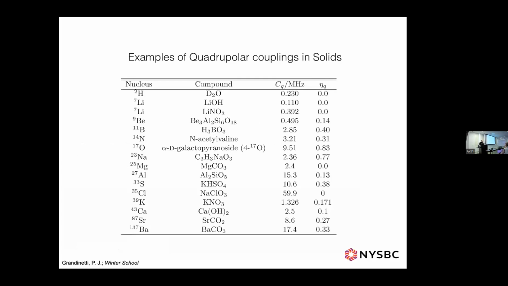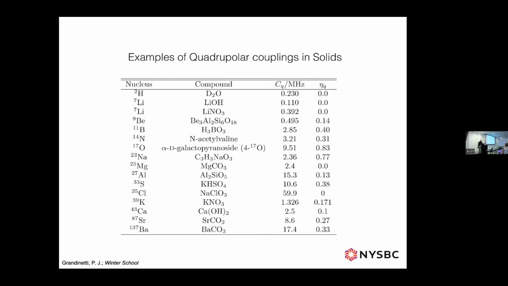Just because of a couple of questions of things that we had. This is just a table taken from Benedict's Winter School talk, showing a basic nucleus, then the CQ of the model compound that's used frequently.